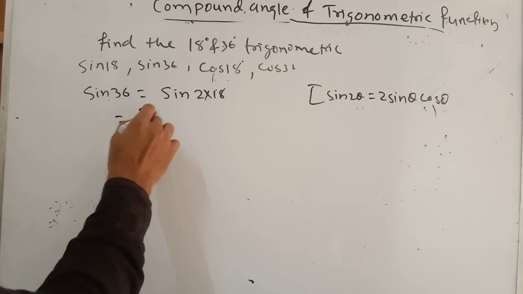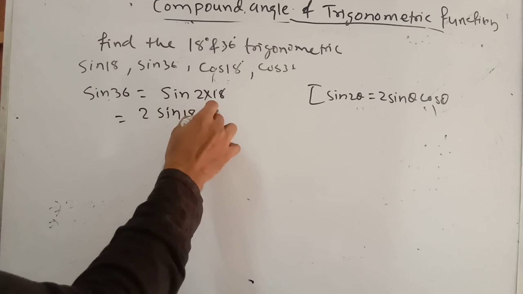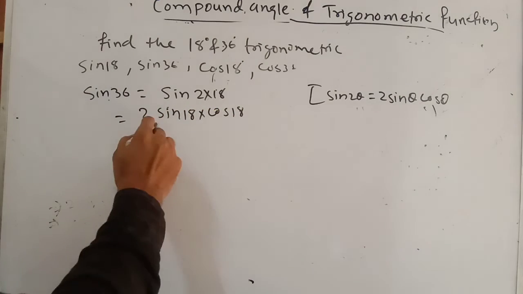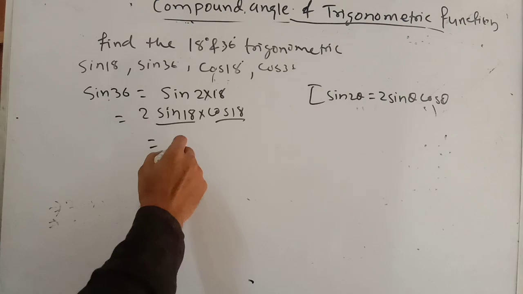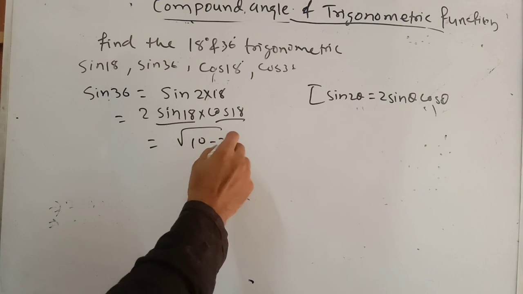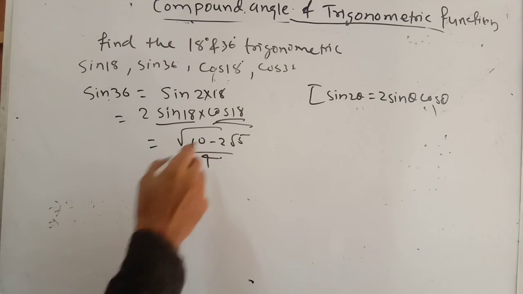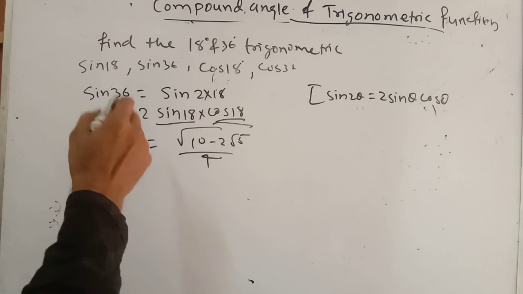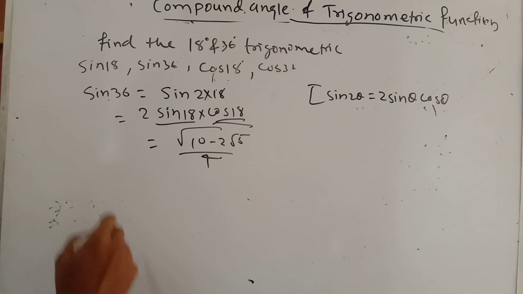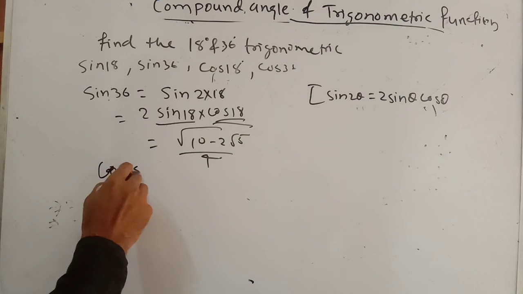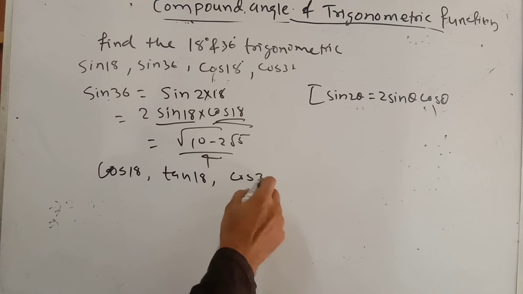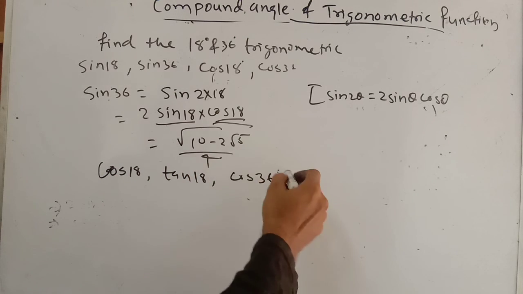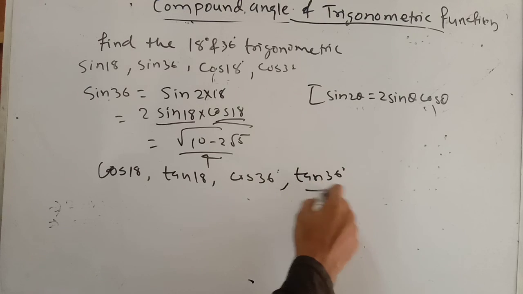So you can break it like 2 sin 18 cos 18. Okay, so put the value of sin 18 and cos 18, you can get the value of sin 36. So it will become, I think, root of 10 minus 2 root 5 by 4. Okay, similarly the remaining work you do at home: find cos 18, tan 18 remaining, or cos 36, and tan 36, okay.